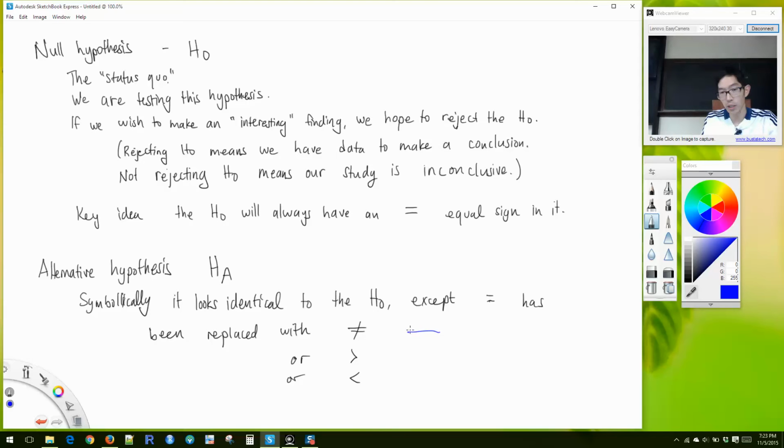If we use a not equal sign, then we have what is known as a two-tail or a non-directional test.